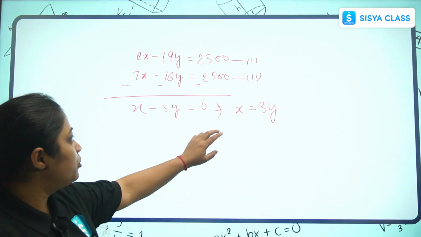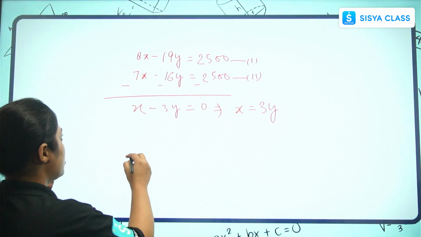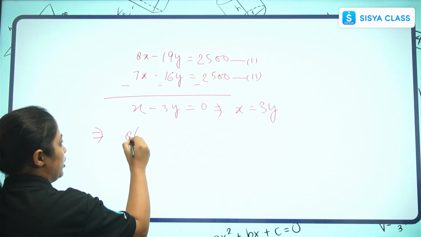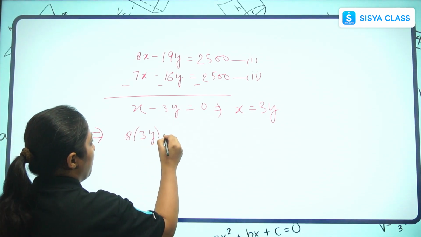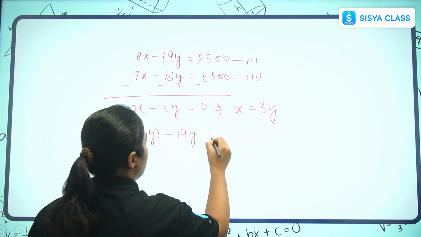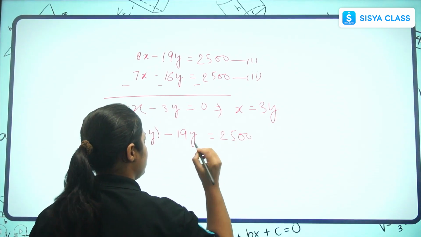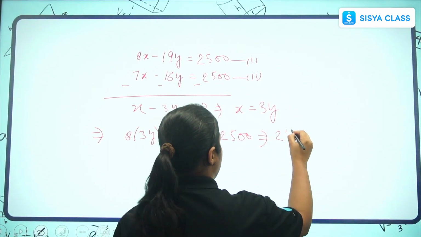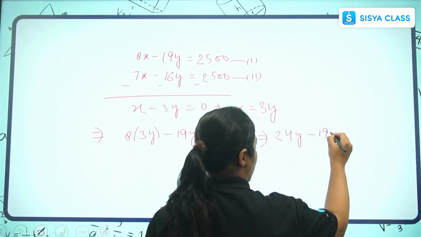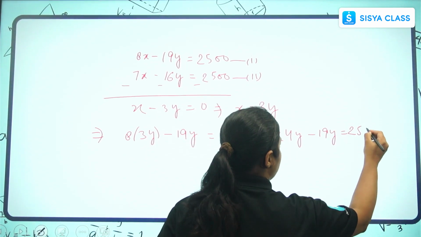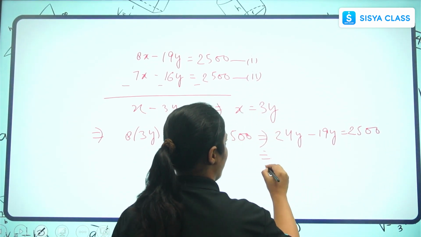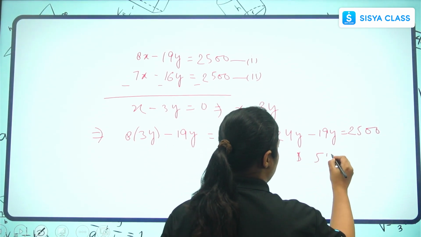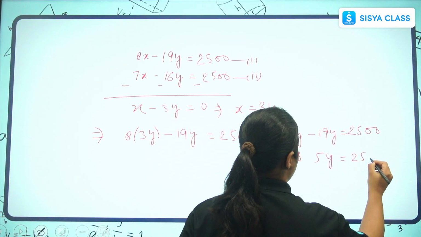Now just substitute this value in any equation. Suppose we are substituting this value in equation number 1. So you will get 8 into 3y minus 19y equals 2500, right? From here it is 24y minus 19y is 2500. So it is 5y equal to 2500, right?